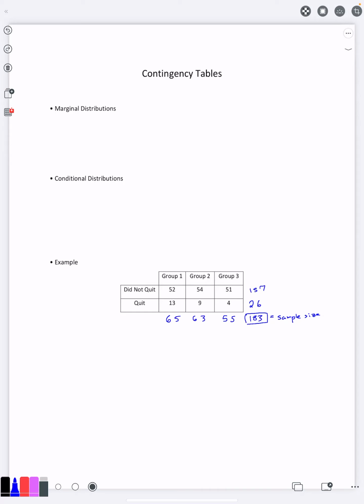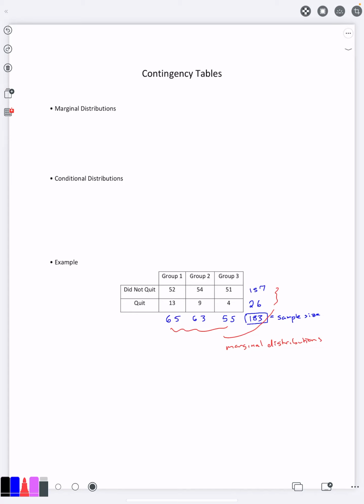Now, what we're doing here, adding these up, is telling us our marginal distributions. So the idea is when you have the full contingency table, you have all the data broken down by both variables at the same time.